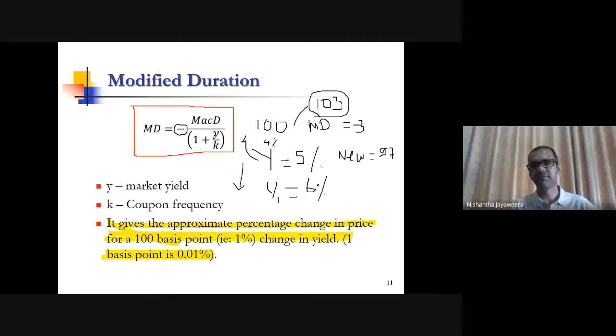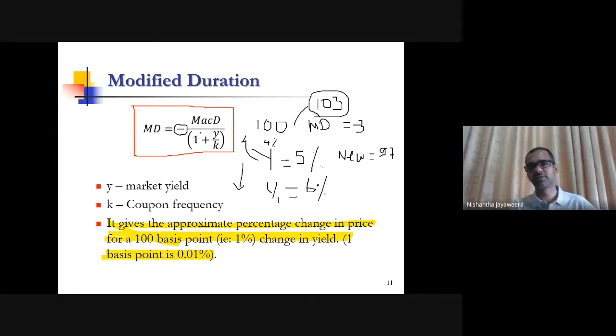When the yield goes up, what would happen? 1 plus y goes higher. So the number divided by a higher number gives a lower number. But when y becomes 0, you divide this number by 1. Then it would be the same as modified duration.